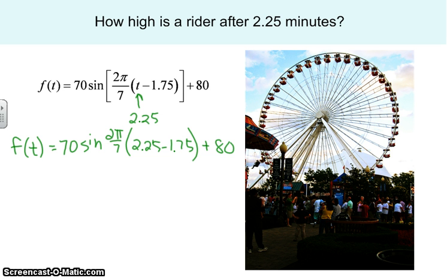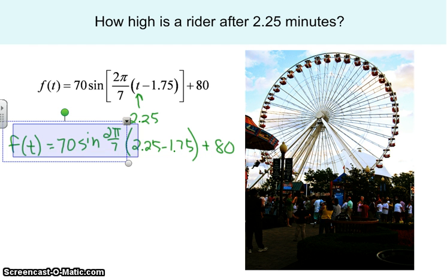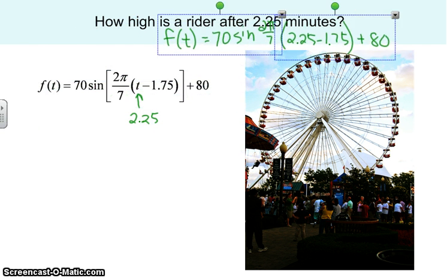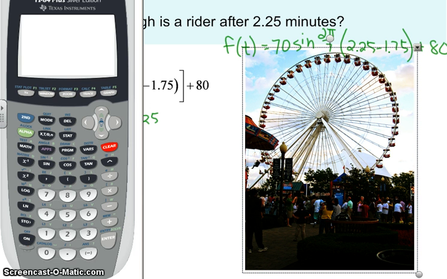So we need some calculator skills to do this, and I'm going to move this up so that when I display my calculator, I am going to be able to see the equation. So it's right there. Now let's take a look at our calculators.